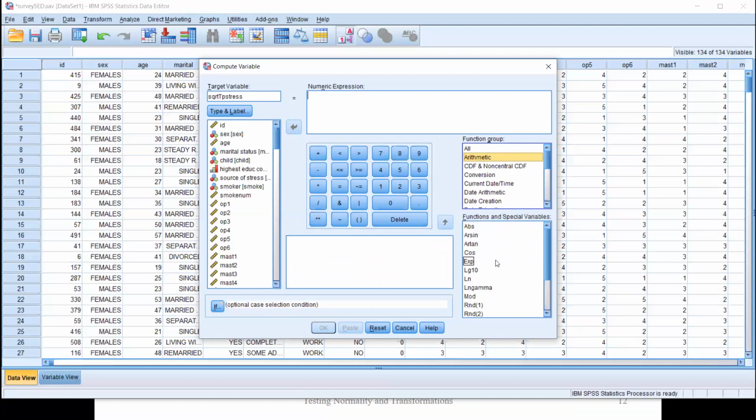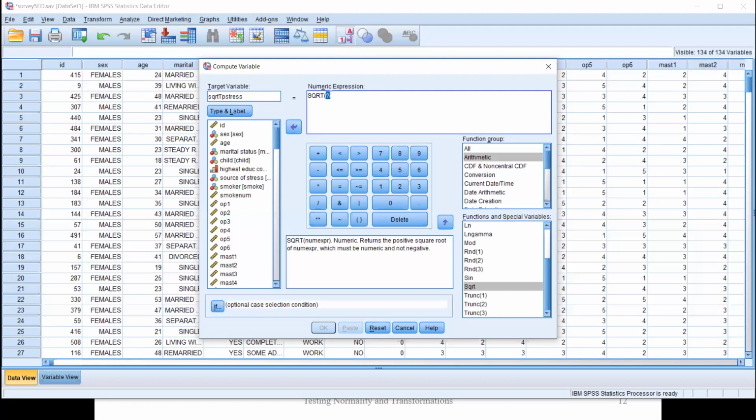At the bottom you have different arithmetic functions: absolute value, arcsine, arctangent, cosine, exponent, logarithm 10, which is used for logarithmic transformation, and the natural logarithm. I am interested in the square root, the sqrt function. Just double click here.